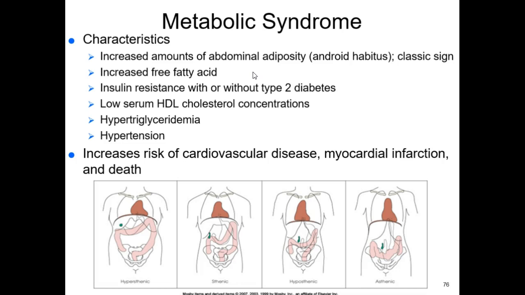And here's a fun fact that's true for almost nobody. This is just something radiologists know about, that if you're apple-shaped hypersthenic, then you're going to have pretty much that arrangement of ascending, transverse, descending.